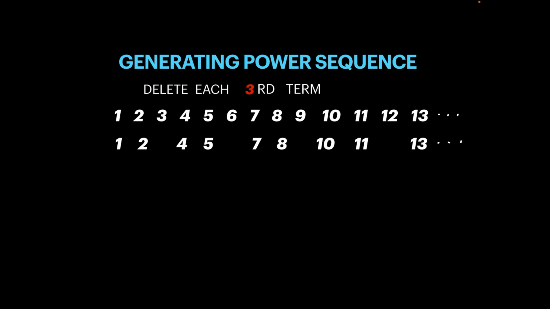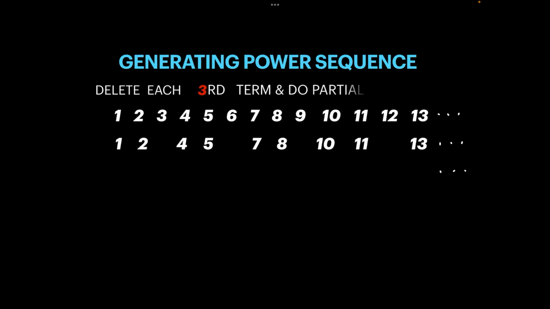And now we should compute the partial sum of this sequence 1, 2, 4, 5, 7, 8, 10, 11, 13, etc. We will get this sequence like 1 and 1 plus 2 is 3, and then 3 plus 4 is 7, and then 7 plus 5 is 12, and then 12 plus 7 is 19, and then 19 plus 8 is 27, and then 27 plus 10 is 37, and then 37 plus 11 is 48, and then 48 plus 13 is 61, and so on.